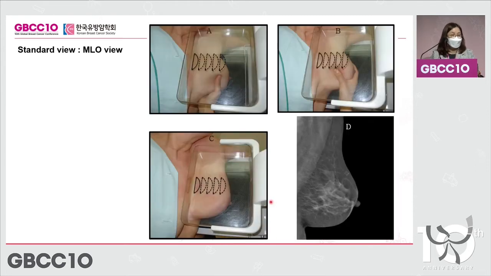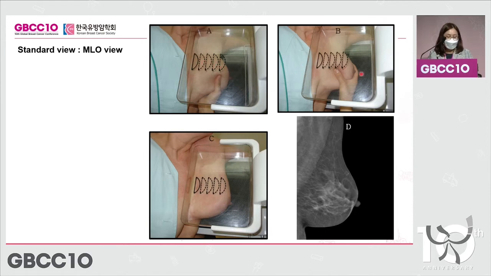So how do you need to take this view? The radiologist, when seeing a patient, this is where you would insert a cassette, and the compressor will come down from the top. And some patients really dread the sound of this compressor because it hurts so much.